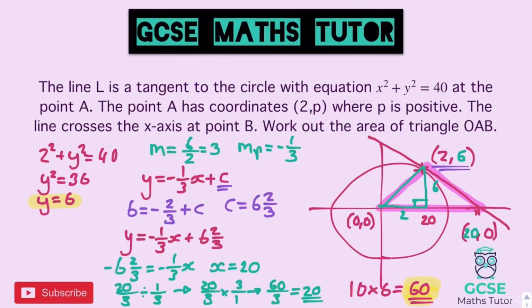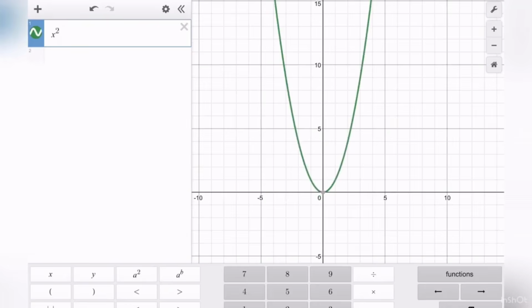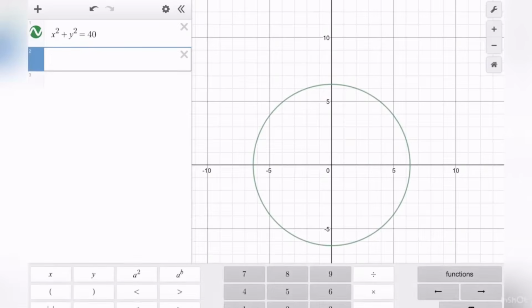So hopefully have those written down, because we're going to flick to the other screen now and actually just have a look at this on the screen. Okay, so if we draw this out, then we had x squared plus y squared equals, what was it, 40. And we've got our tangent, which we're going to have a look at as well, which was y equals minus a third x.